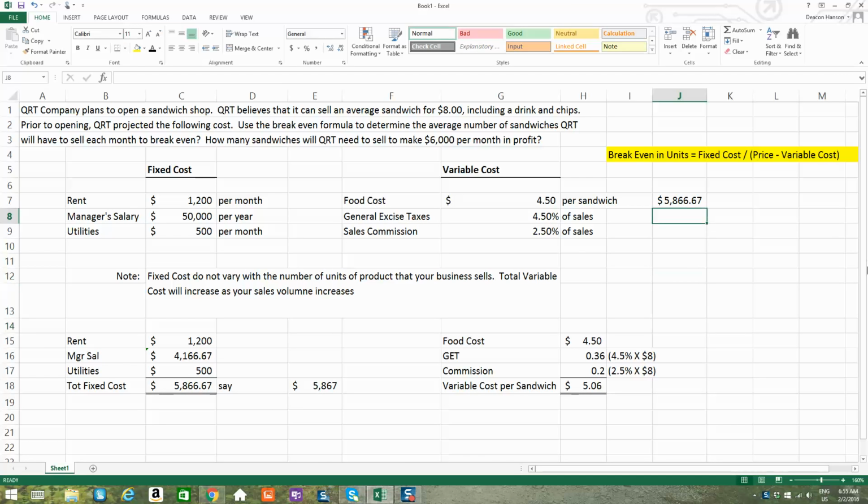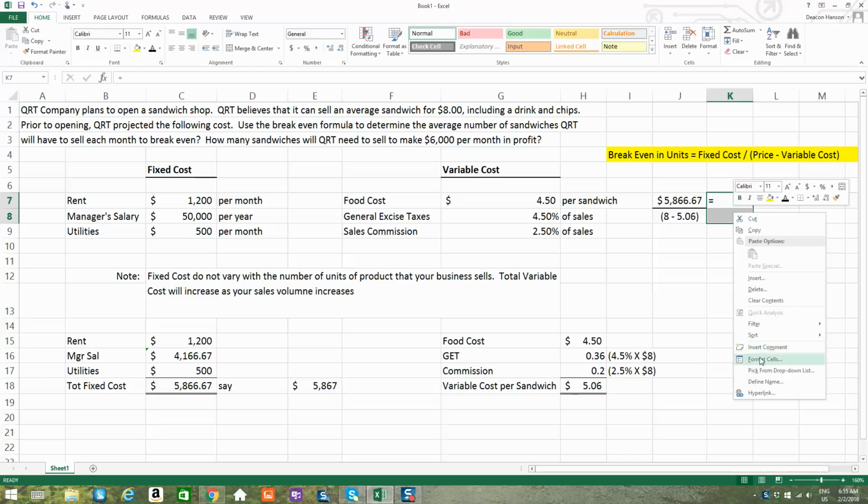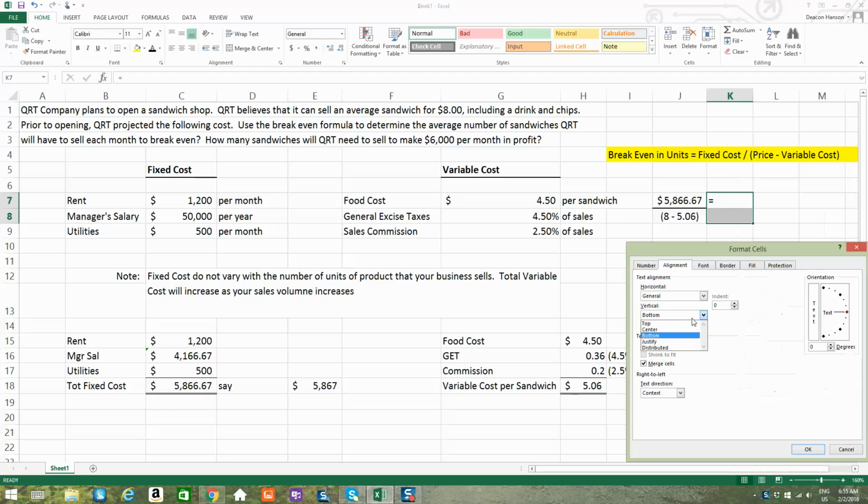So if I were to do that, I would end up with the number of units that I have to sell to cover all of my costs. So why don't we figure that out? Let's take 8 and divide by $8 minus our 5.06.